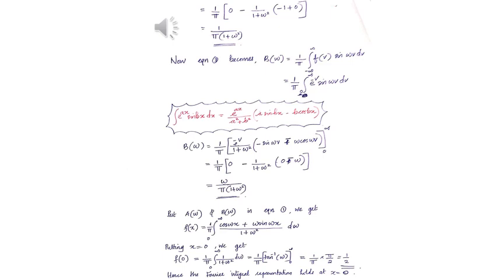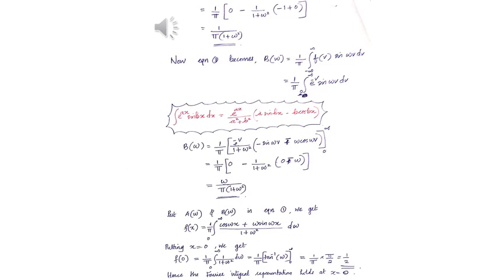Now what was the second part of the question? Verify the representation at x equals 0. So now we are going to verify that. Putting x equals 0 in the f of x that we got, instead of x you substitute 0.